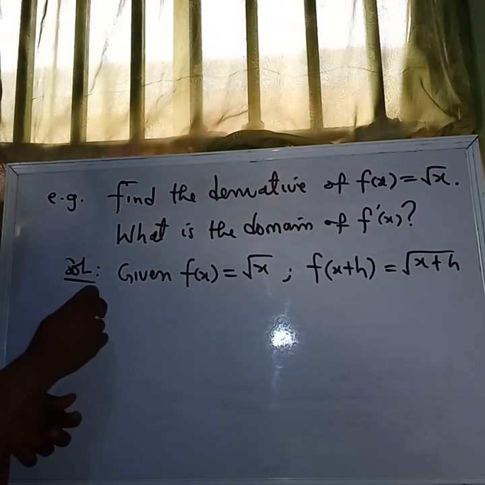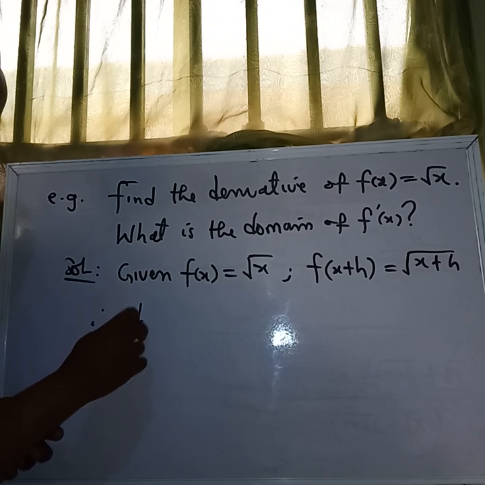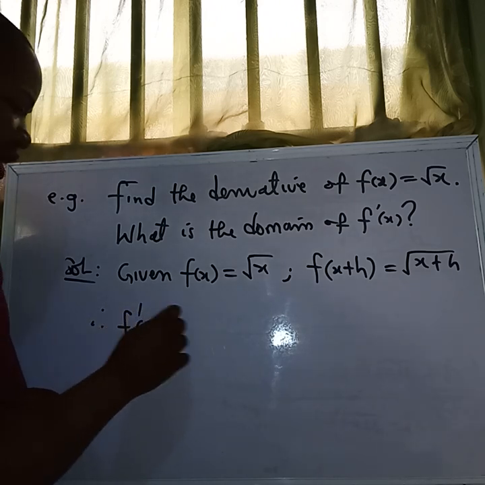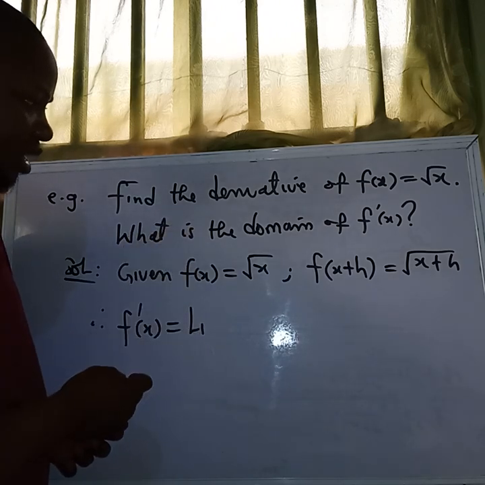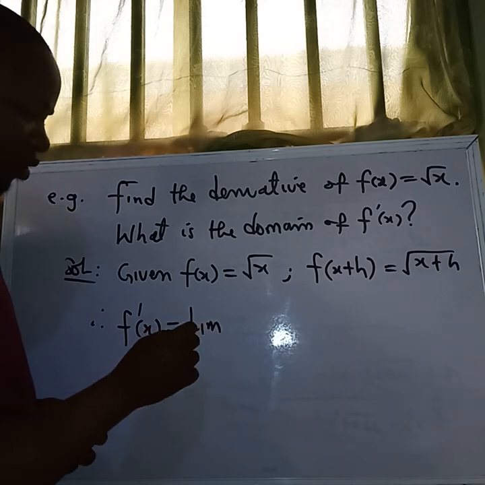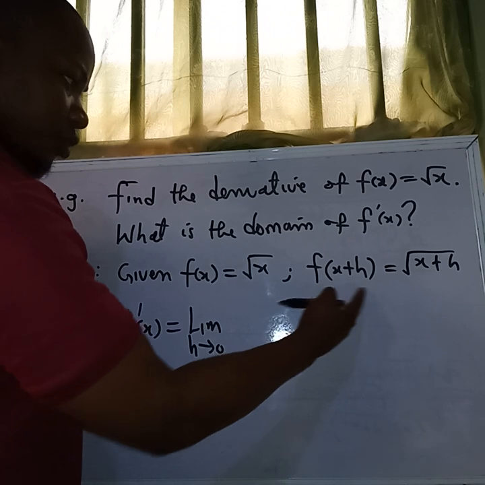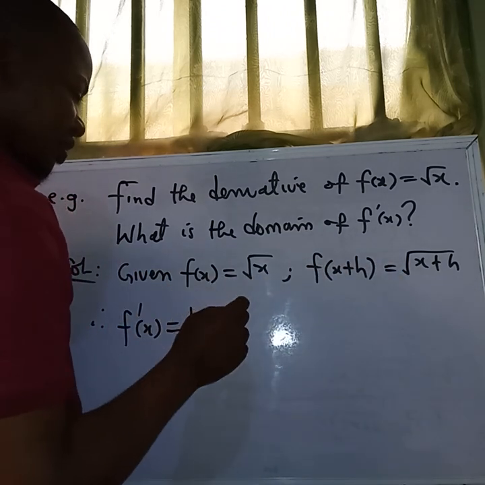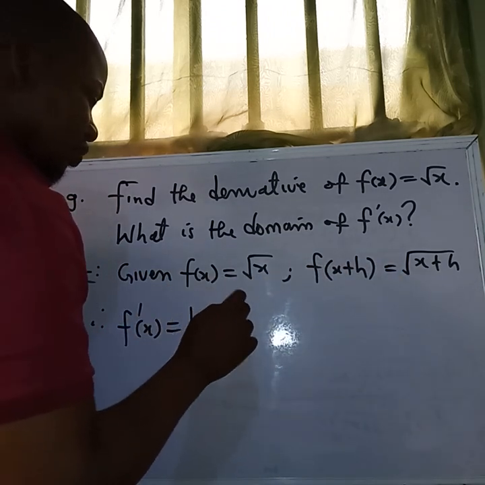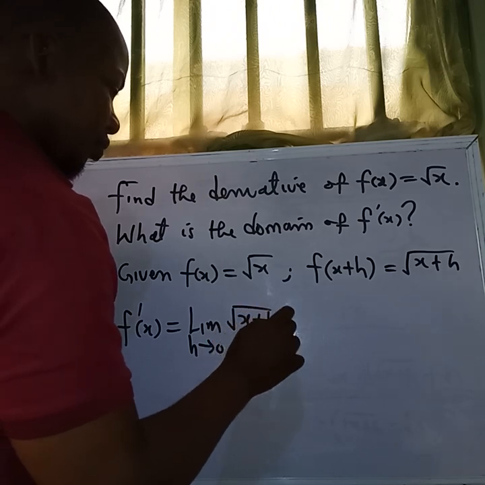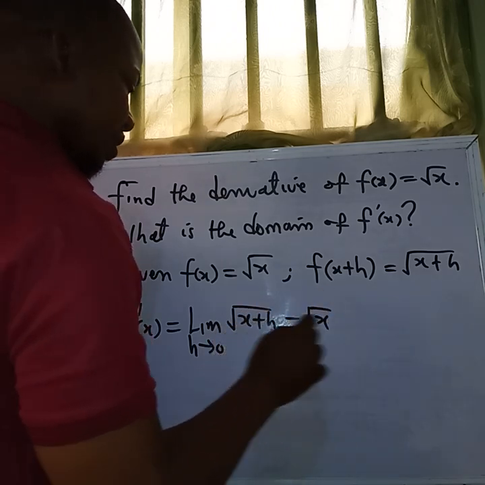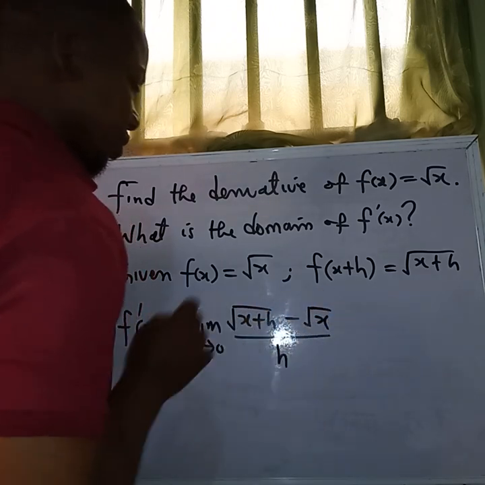Therefore, for the derivative of a function, as we have it earlier, we make use of the formula. We substitute this term minus this term, so this will be the limit of the square root of x plus h minus the square root of x, all over h.